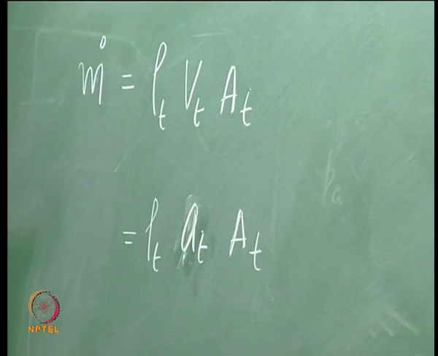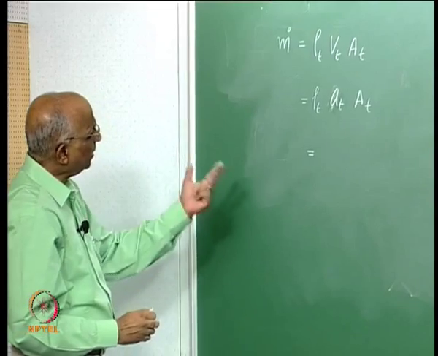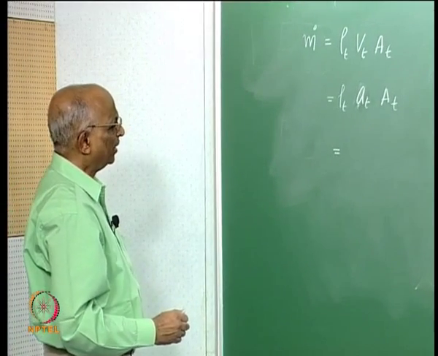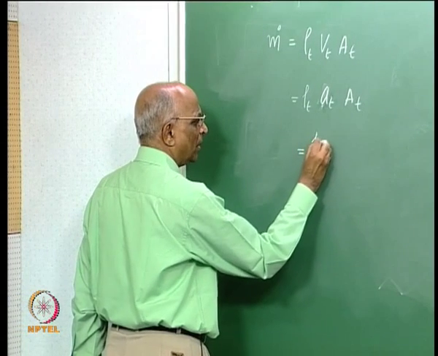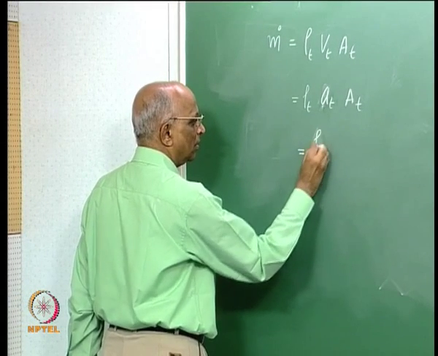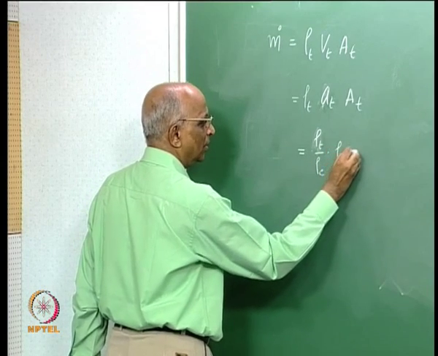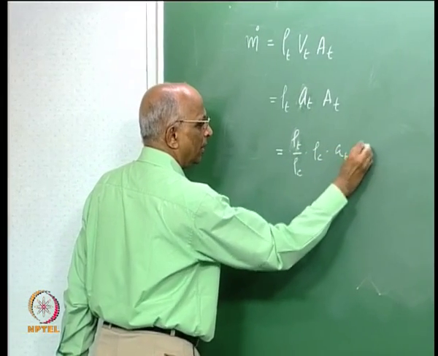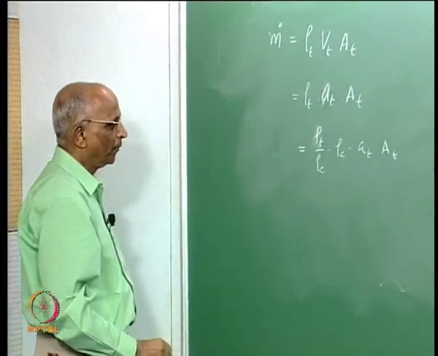Now, can I simplify it? Can I write it in a form which is easy to do? Let's do that. I have rho t by rho c into rho c into At, the throat area, and this sound speed.